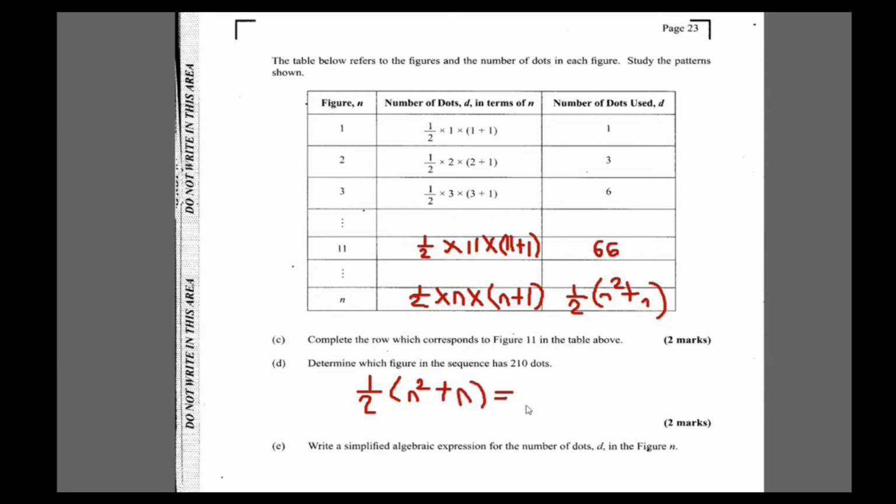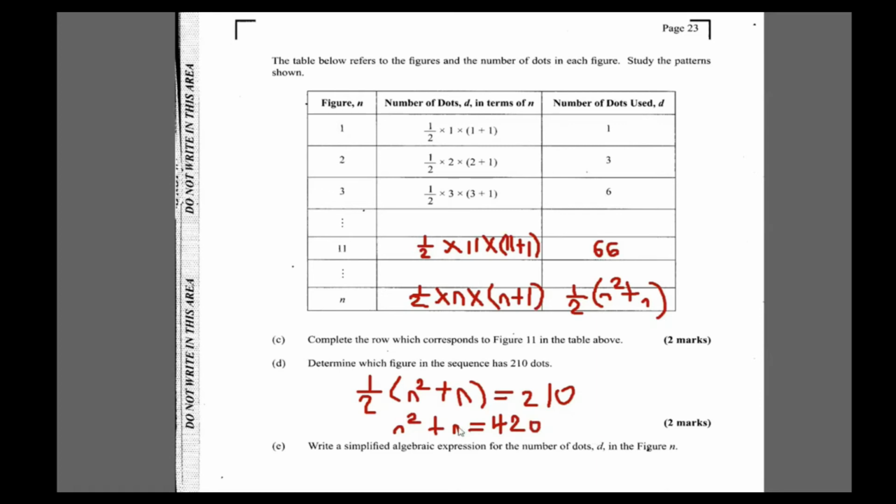So if we set that equal to 210 and solve for n, that will give us which one will have 210 dots. Solving this equation, we can multiply through by 2 to get n squared plus n equals 420.